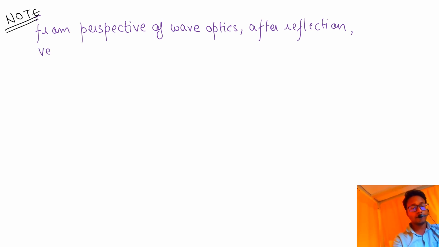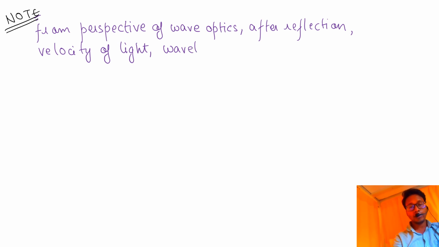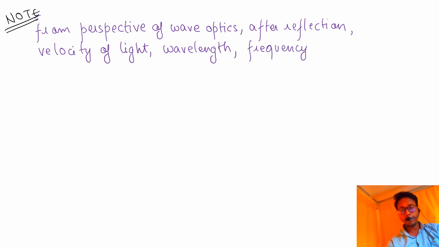The velocity of light, wavelength, and frequency of the reflected ray are the same as those of the incident ray.